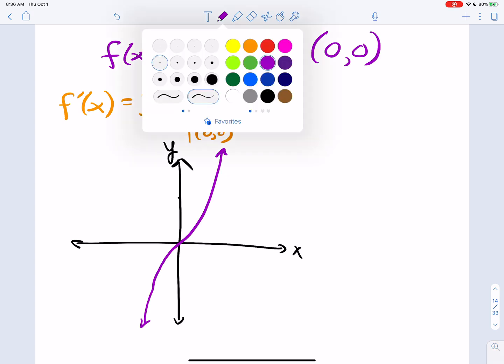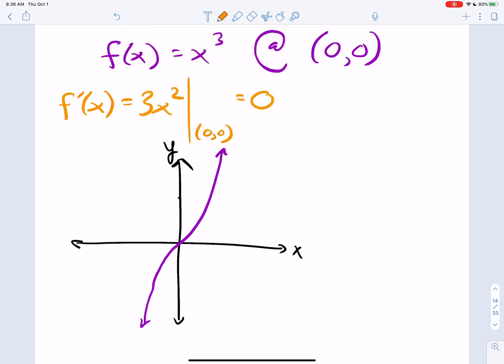If you notice right there, it's a little bit weird, right? Because how can you draw that tangent line? Actually, let me fix this graph a little bit.